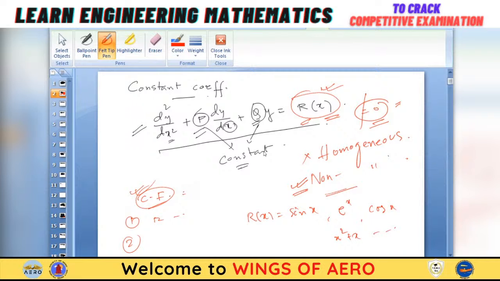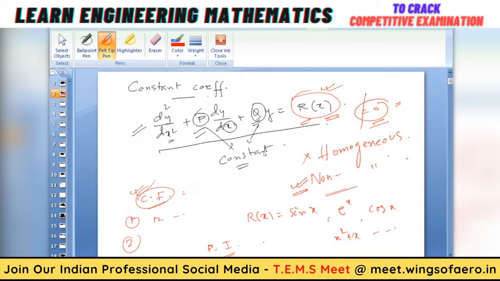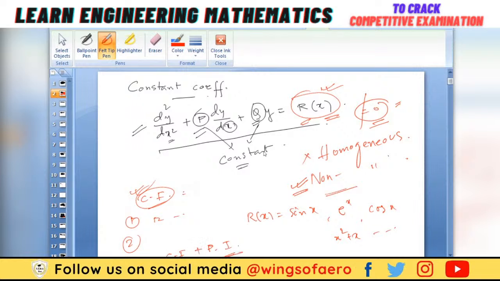Then we have to find the PI, or particular integral, which we will discuss in today's class. The complete solution will be given as CF plus PI, so y(x) equals CF plus PI.